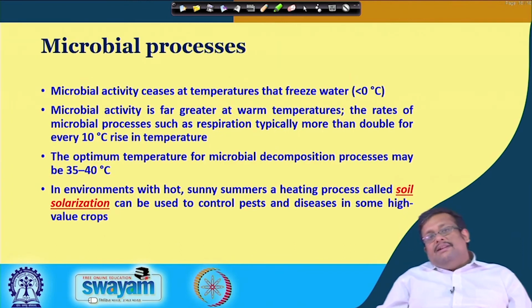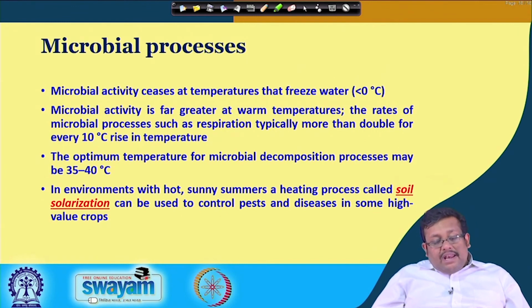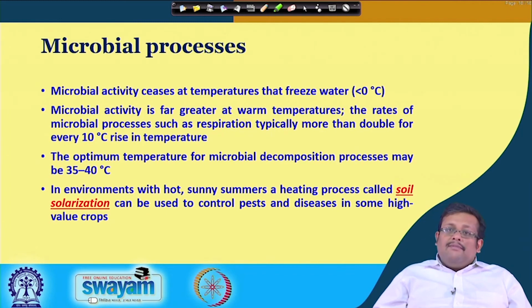Remember that whatever remains dead in the soil, any dead bodies we throw into the soil, needs to be decomposed so that the nutrients and other organic matter can be converted to other beneficial forms. Now, this optimum temperature for microbial decomposition process is 35 to 40 degrees centigrade.